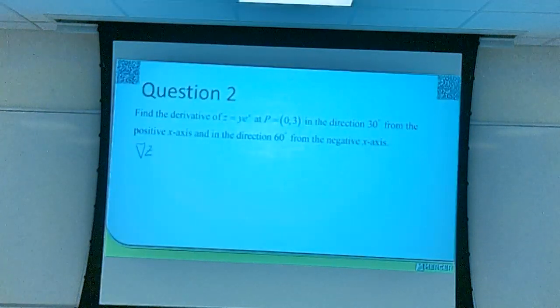Again, first we need the gradient. Partial with respect to x is what? Now with respect to y.